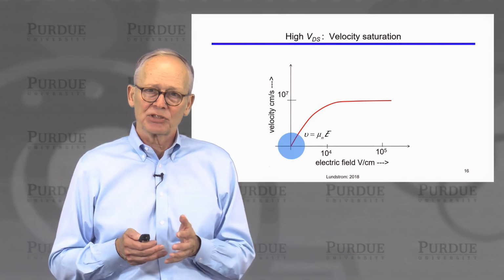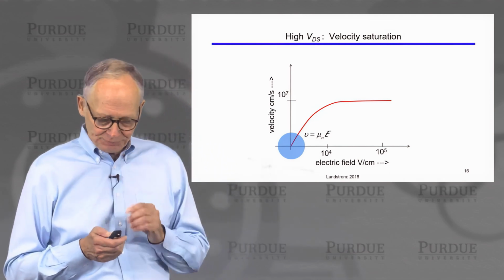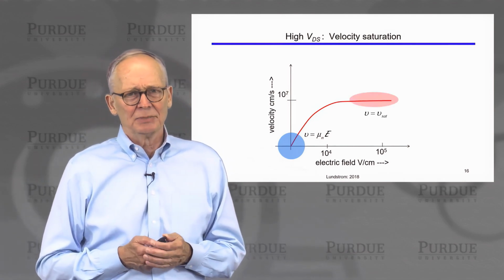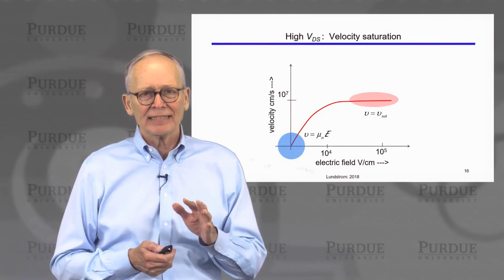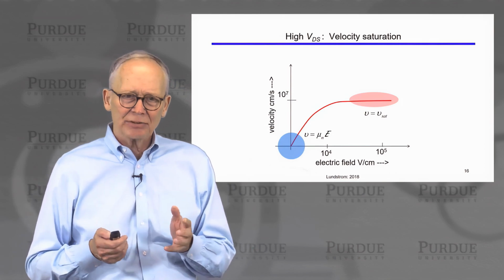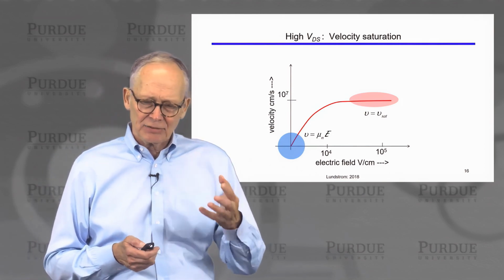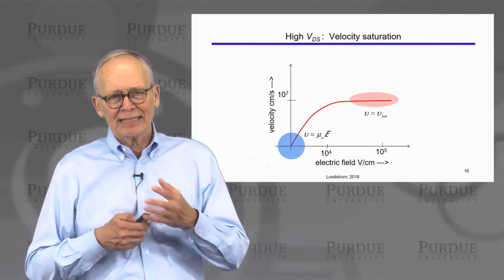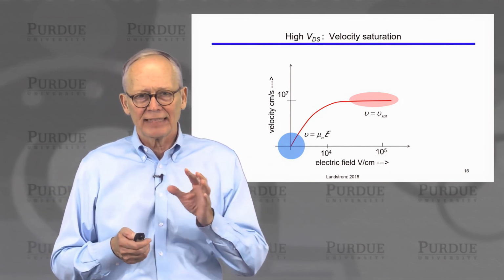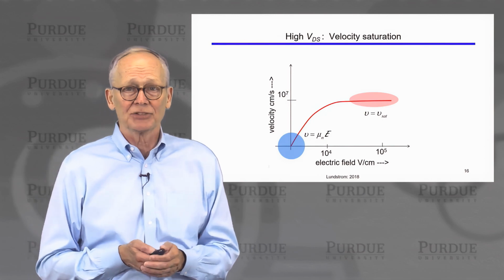The constant of proportionality is the mobility. But when the electric field becomes very large, we just can't keep increasing the velocity. The velocity saturates. It saturates because the electrons gain so much energy, they find more and more ways to scatter. That scattering randomizes their velocity and just makes it harder to push them any faster.